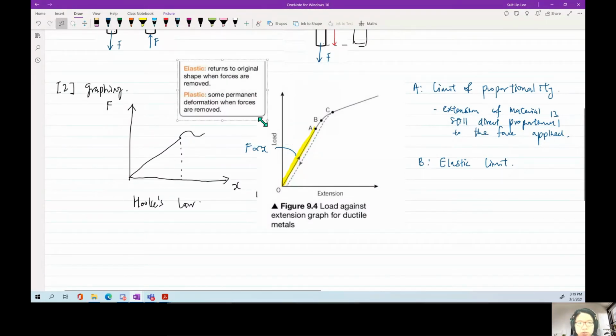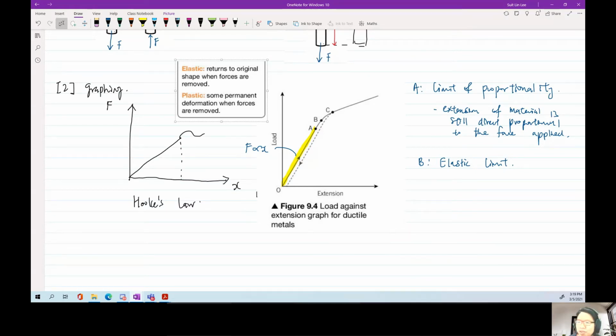So elastic means you can return to your original shape when we remove the force. Plastic is when there's permanent deformation. You stretch already, you let go of the force, your rubber doesn't go back to original length. It's like clothing. You buy nice jeans and you wear them, and after a while when you wash them, they become looser and looser. That's the elastic limit.